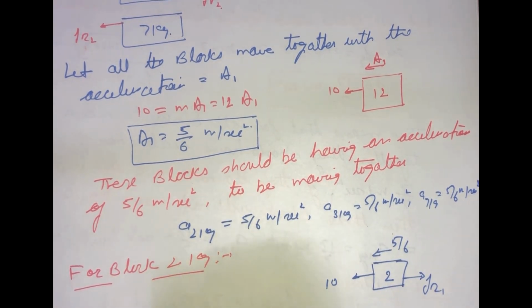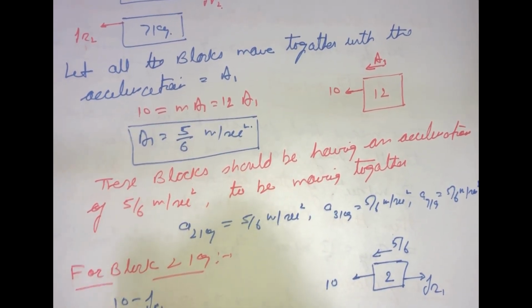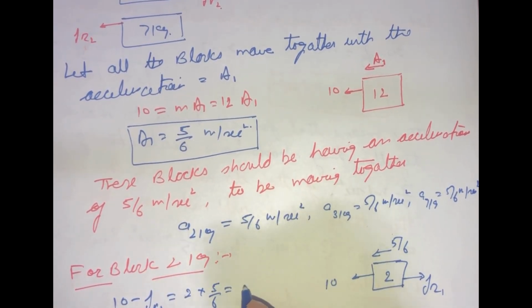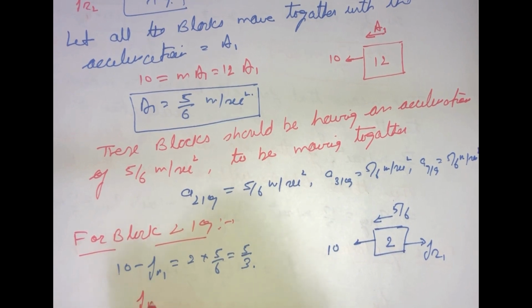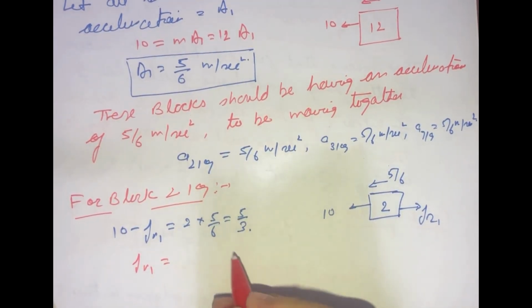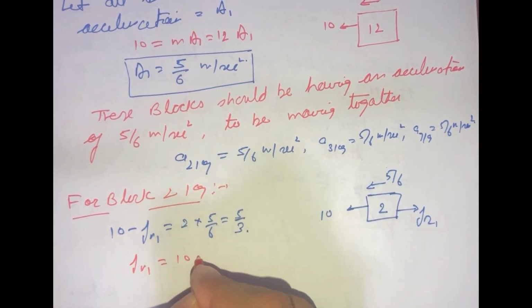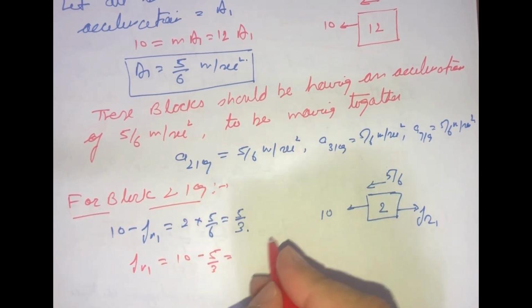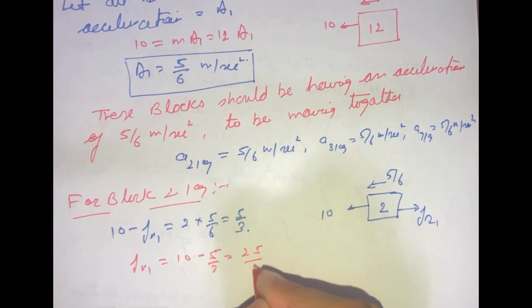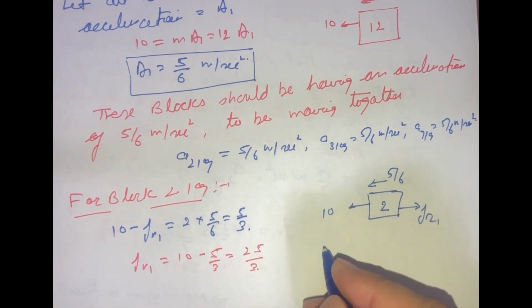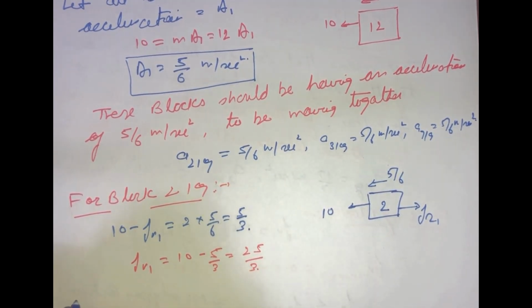So from here we can say that 10 minus Fr1 is equal to 2 into 5 by 6, which is nothing but 5 by 3, and we get that Fr1 will be equal to 10 minus 5 by 3, which equals 25 by 3. And we find out Fr1 max.